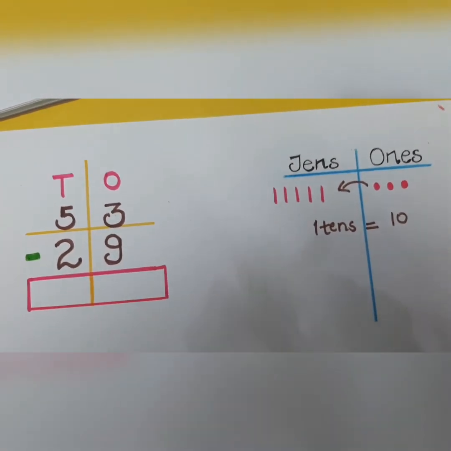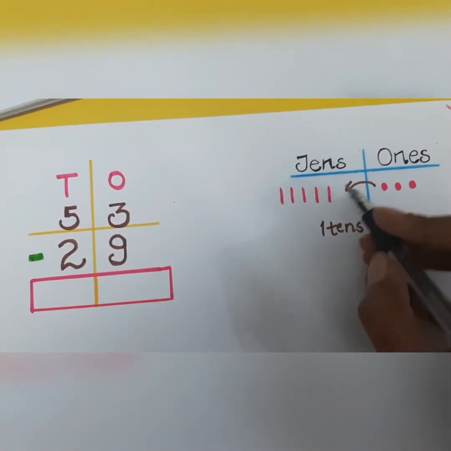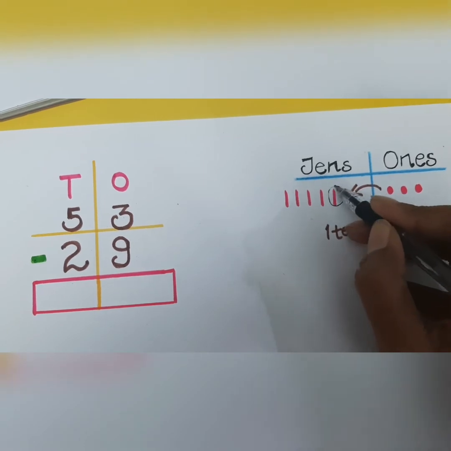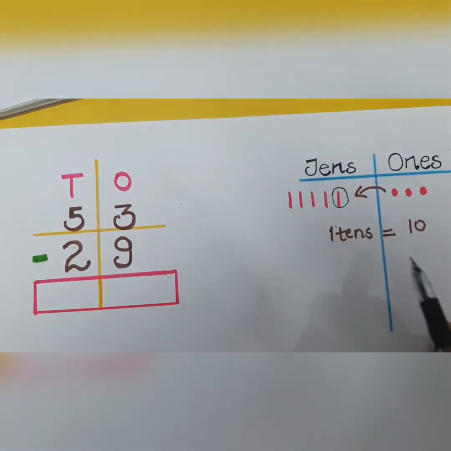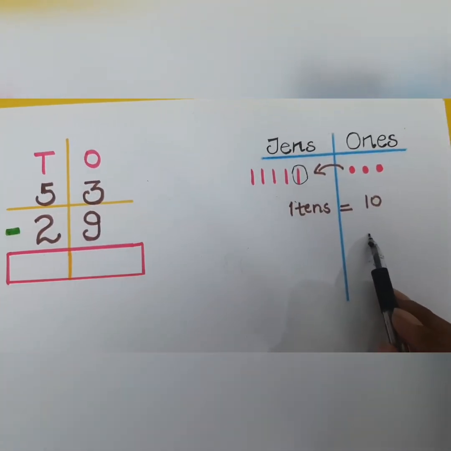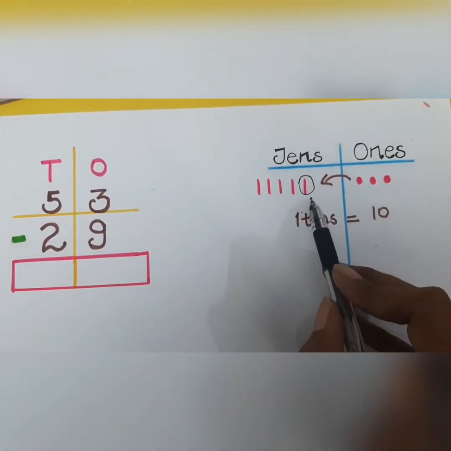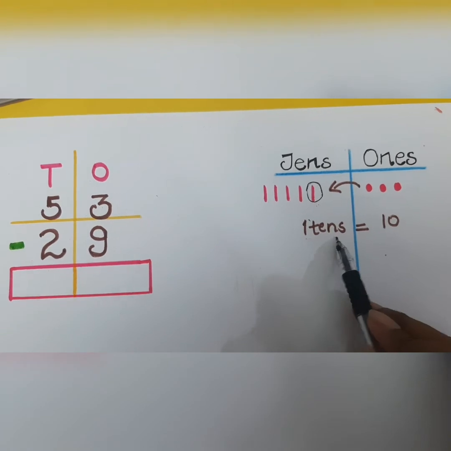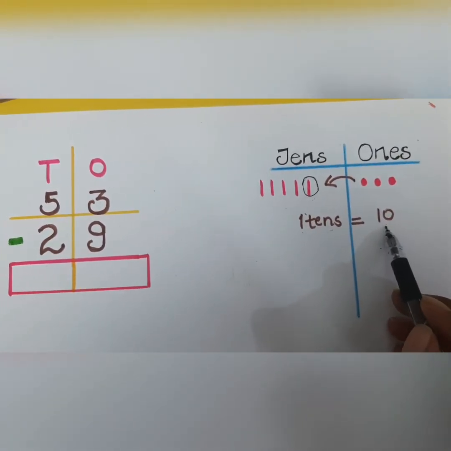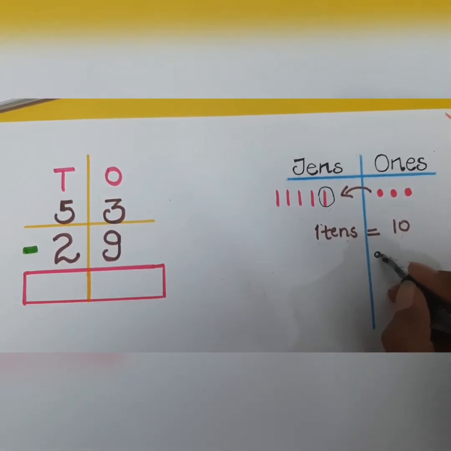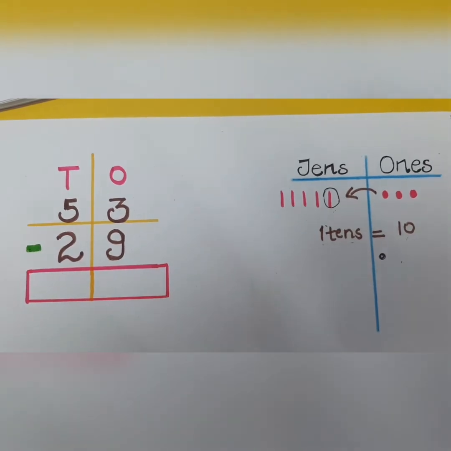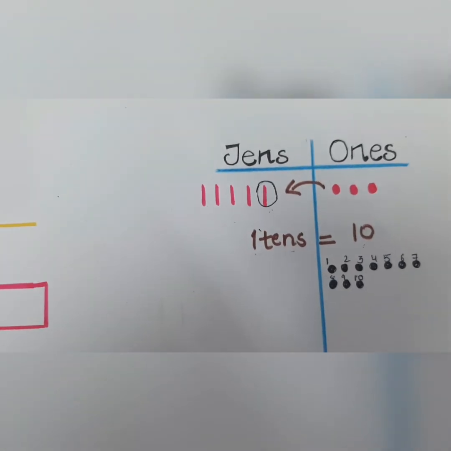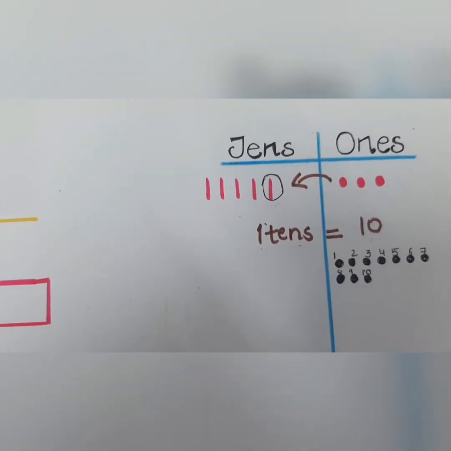Now we will take a number from this neighbor, from the tens position, and we will write it at ones place. Okay, so I have taken 1 ten, and how much does 1 ten have? 1 ten has 10. So I'll draw 10 circles. So I have drawn 10 circles.